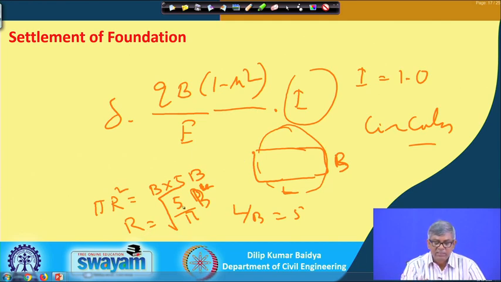How actually R can be expressed: under root 5 by pi multiplied by B.